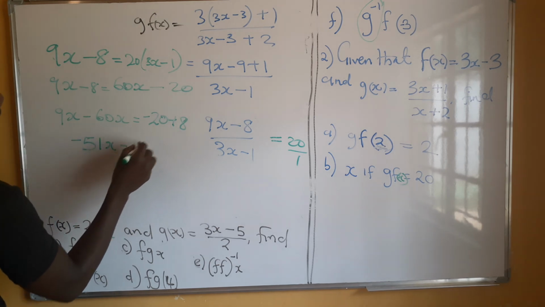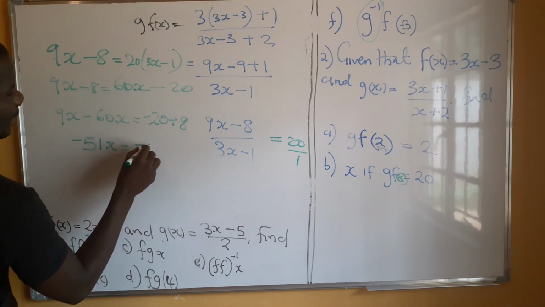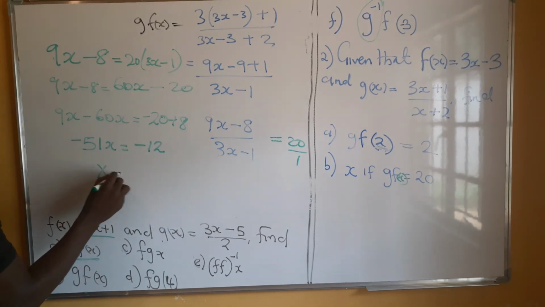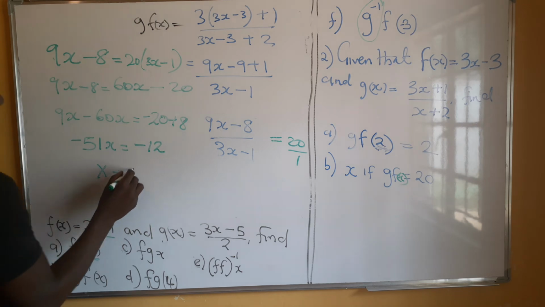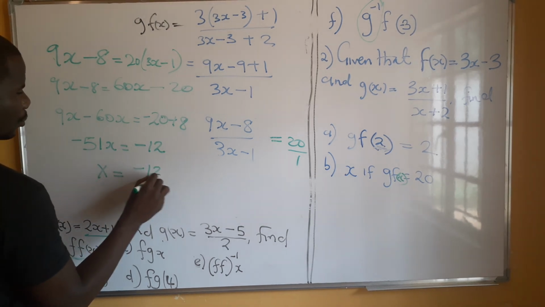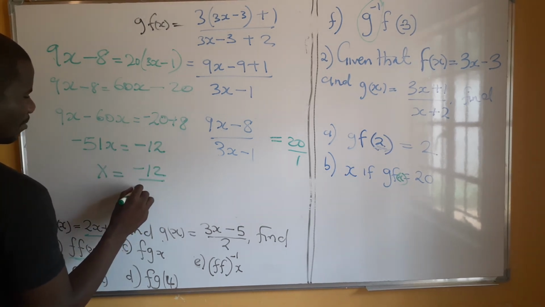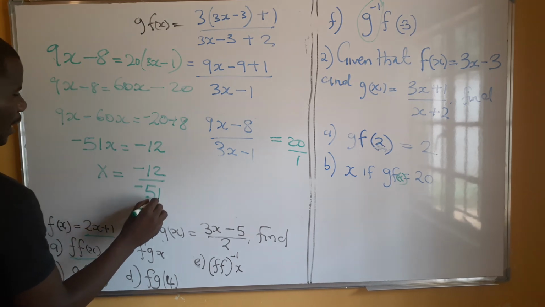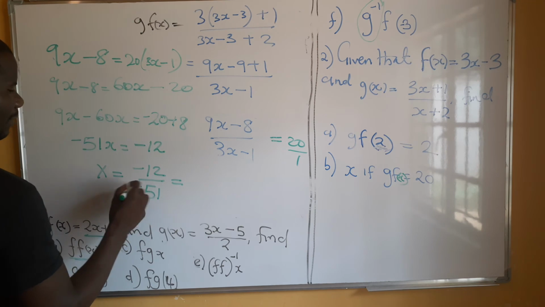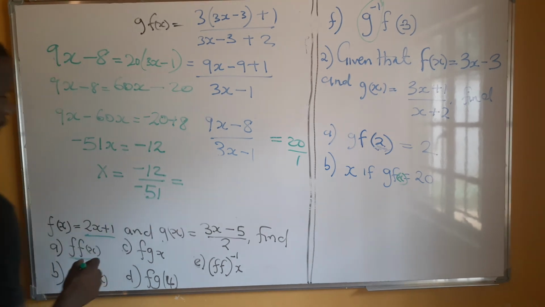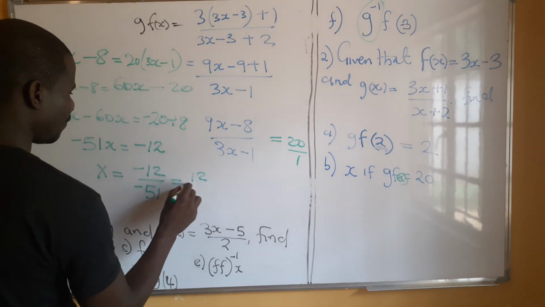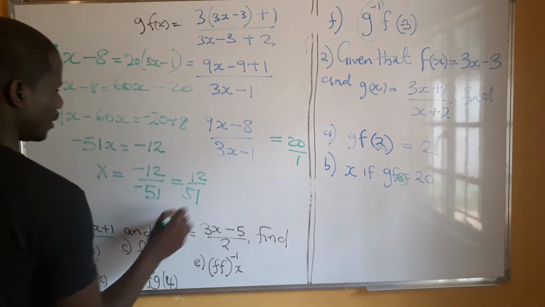is equals to minus 12. x is equals to minus 12 over minus 51. Then when you simplify these ones here, what do you get? 12 over 51.